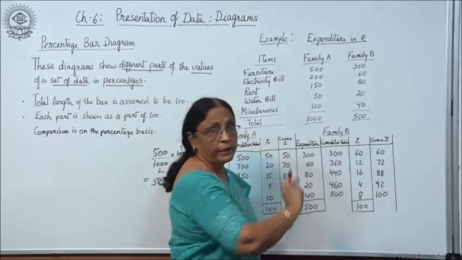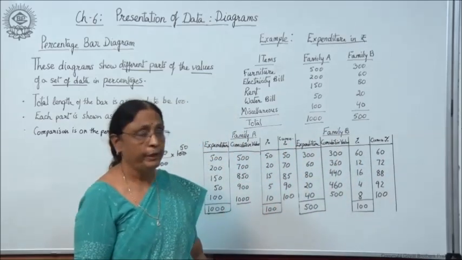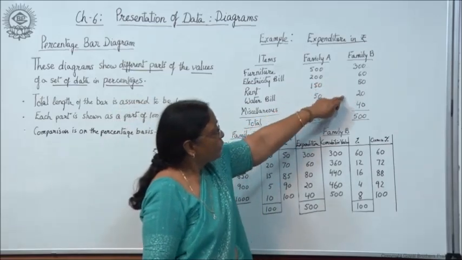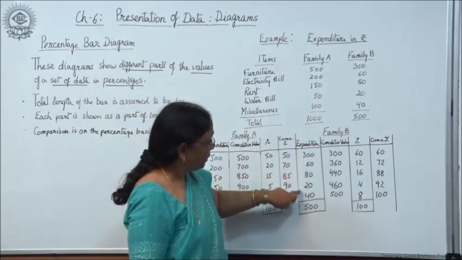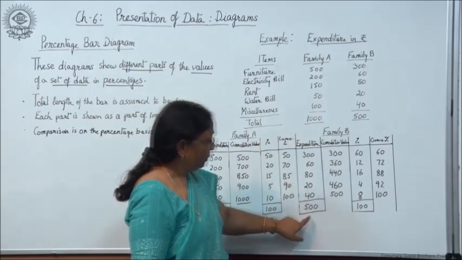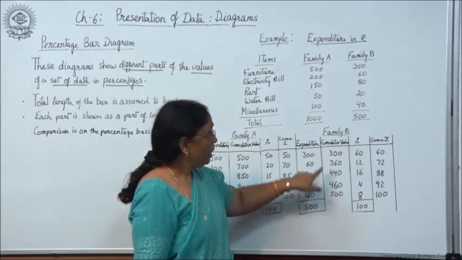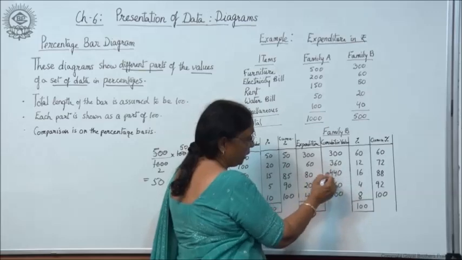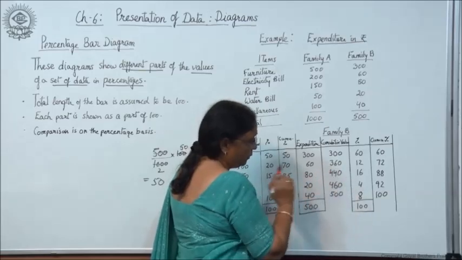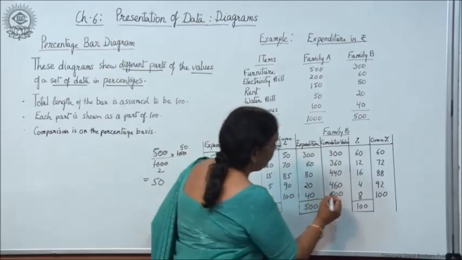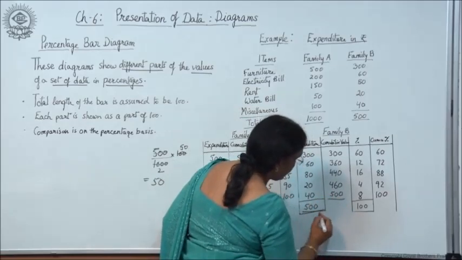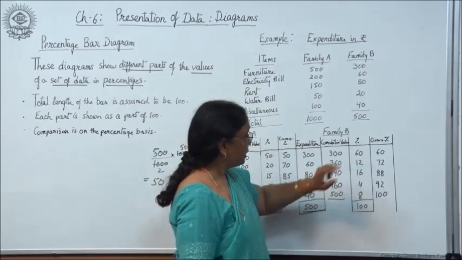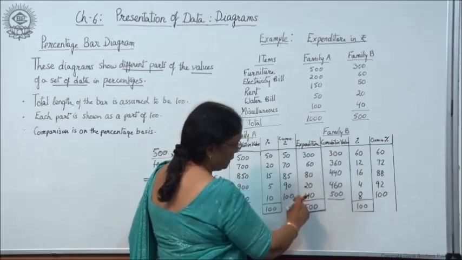Similarly, we have taken the expenditure of family B. Total expenditure of family B on different items is given here. Total is 500. Again cumulative value is 300 plus 60, again added up like this, it becomes 500. This is the same as this one. Then percentage again calculated in the same manner.